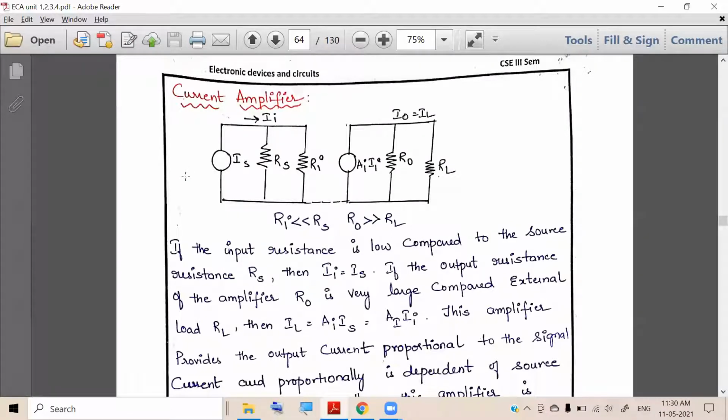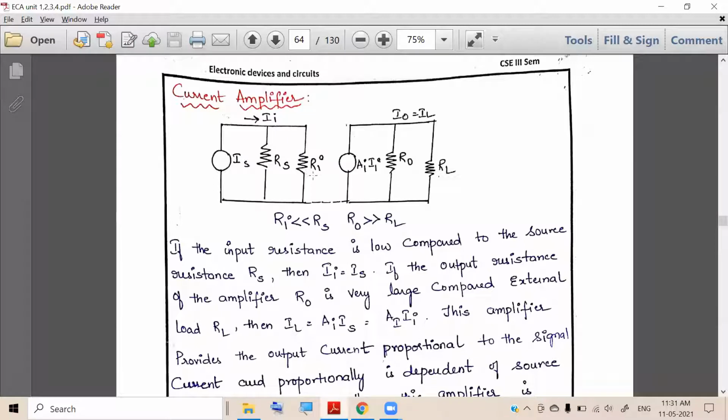Now the condition here is very easy, isn't it? If Is has to become equal to Ii, then obviously current prefers to flow through the low resistance path.